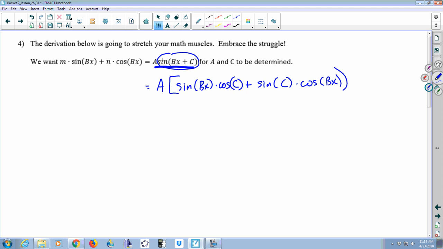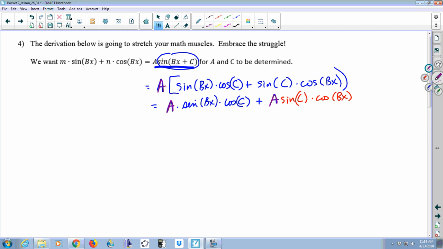Well, all we have to do now is distribute the A to each term. So I'm just going to remove those brackets and put an A in front of each one of these, like this. And I'm going to change my color now. I'll keep the A blue, and it's sine c times cosine bx. I'll keep A as purple here.